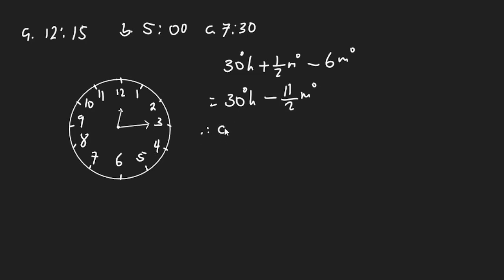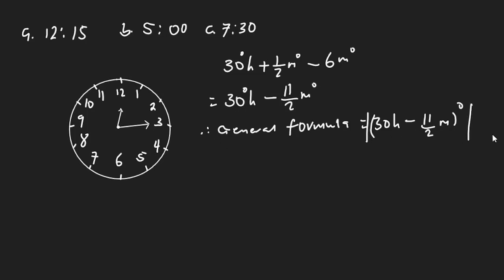So therefore, the general formula is 30 per hour minus 11/2 per minute, in degrees. The angle will give us a positive value, so we take the absolute value.